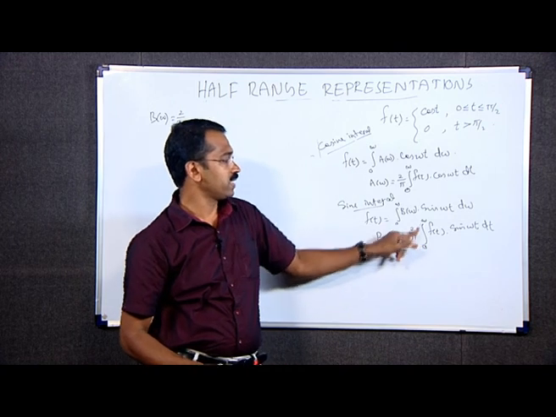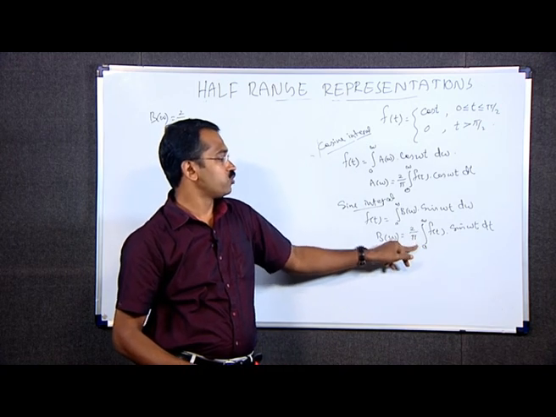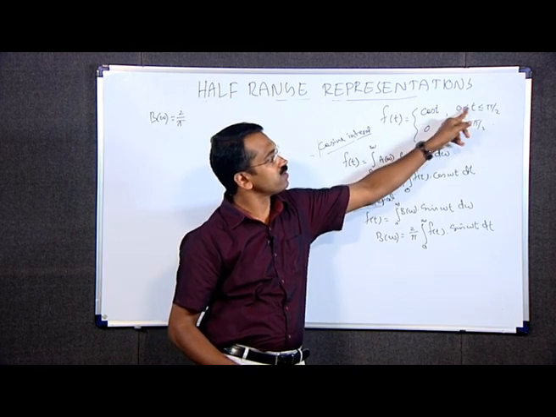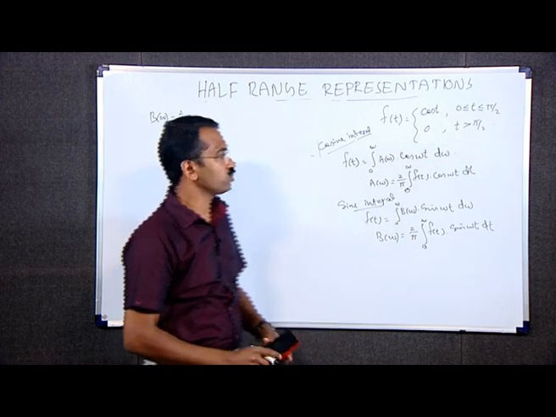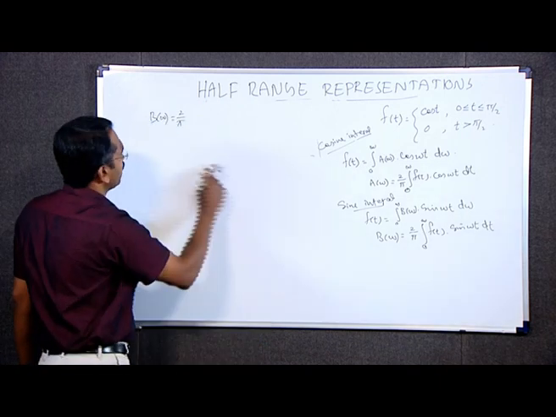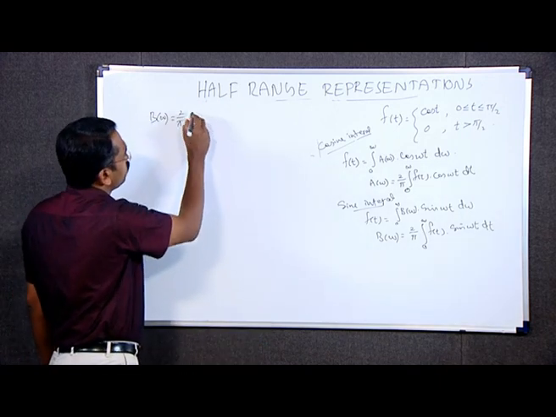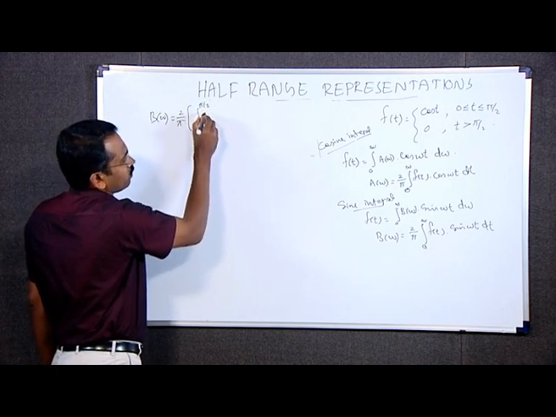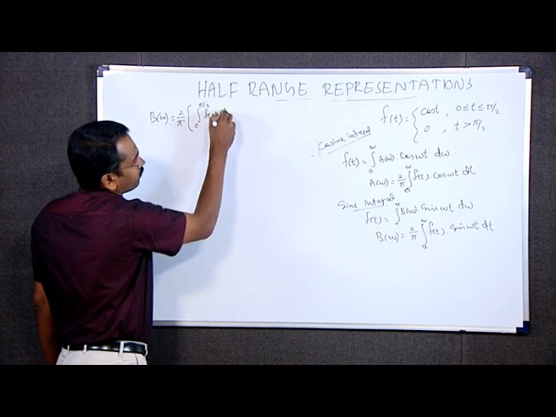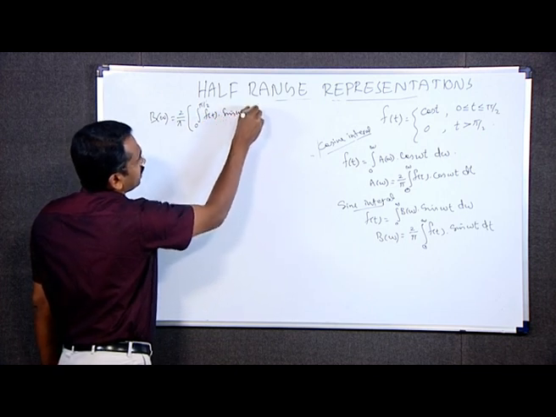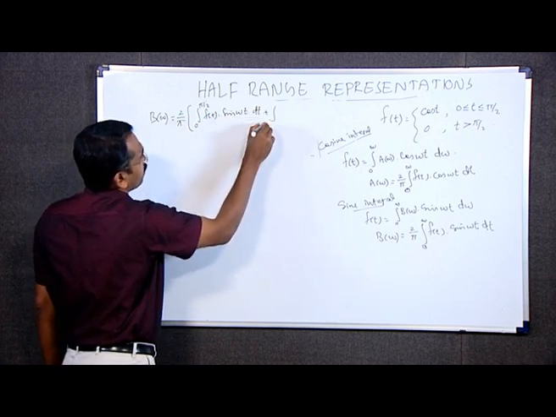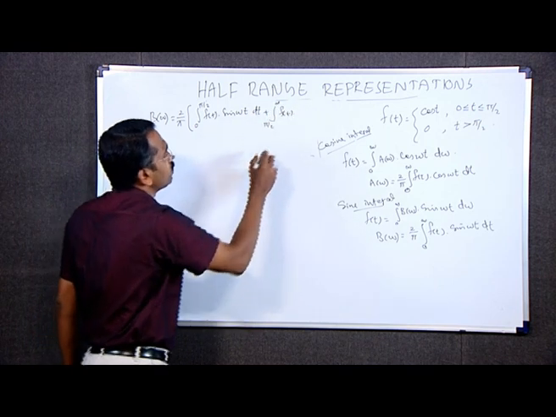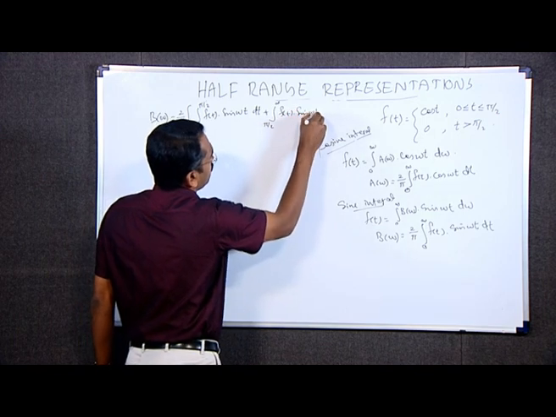This total range can be split into two intervals. First one is from 0 to pi by 2 and then pi by 2 to infinity. Therefore, we can write b omega equal to 2 by pi into integral from 0 to pi by 2 f of t into sin omega t dt plus integral from pi by 2 to infinity f of t into sin omega t dt.